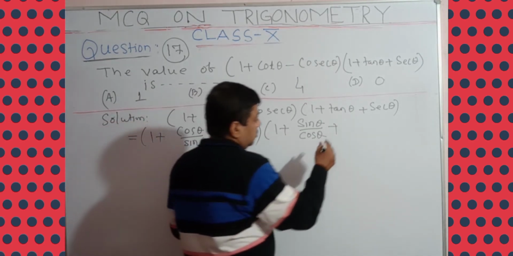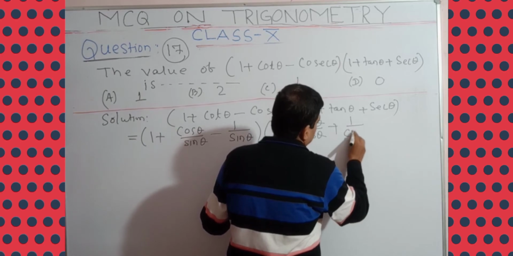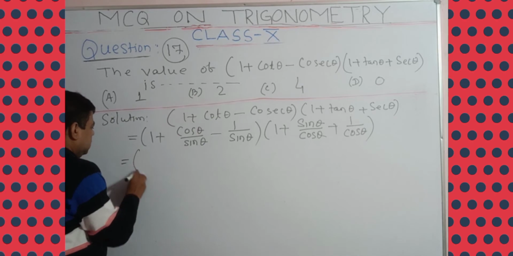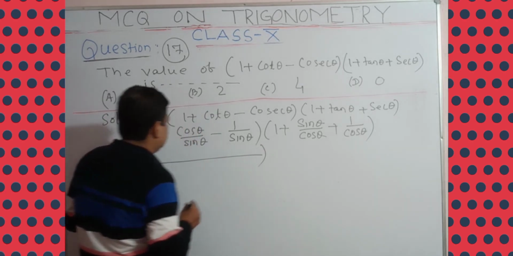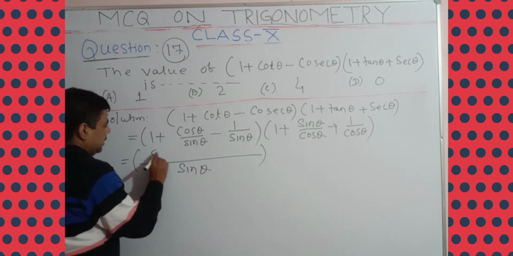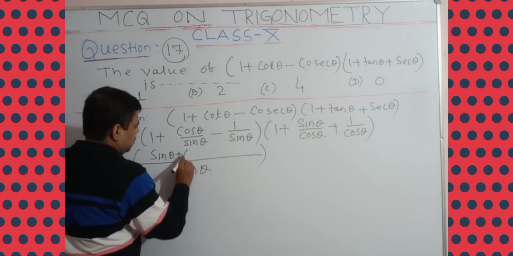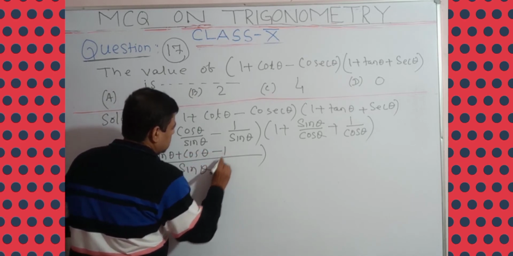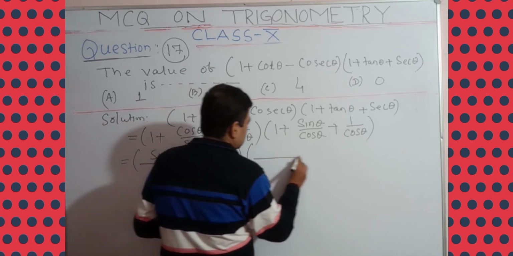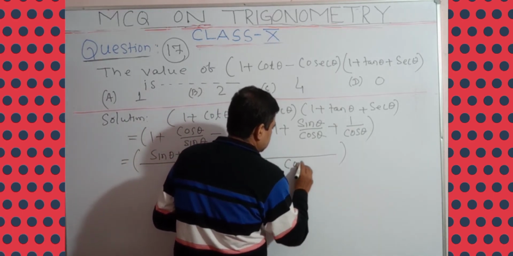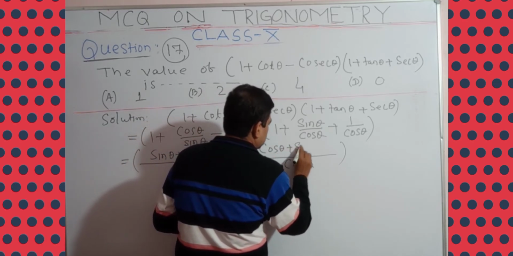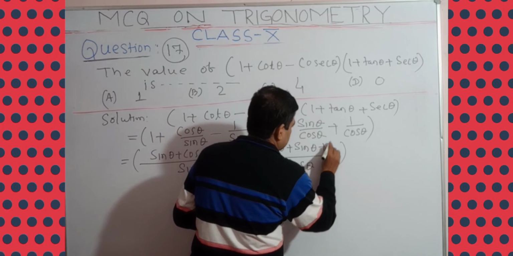Now take the LCM. Here it will be sin theta, so you get sin theta plus cos theta minus 1. Similarly the LCM is cos theta, and it will be cos theta plus sin theta plus 1.